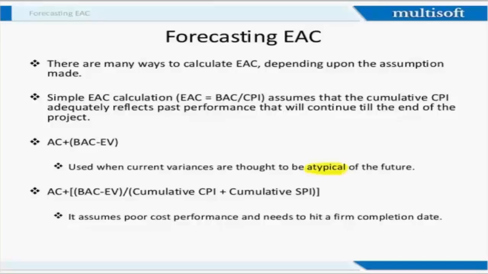Whereas if you assume poor cost performance and there's a firm completion date, and my end date is fixed, then I have to go with this formula: AC plus (BAC minus EV) divided by cumulative CPI and cumulative SPI, the indexes for my cost performance and my schedule performance.